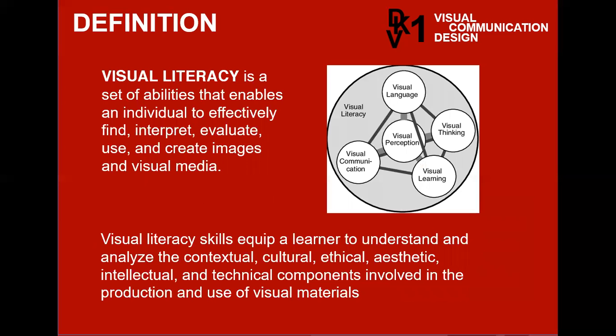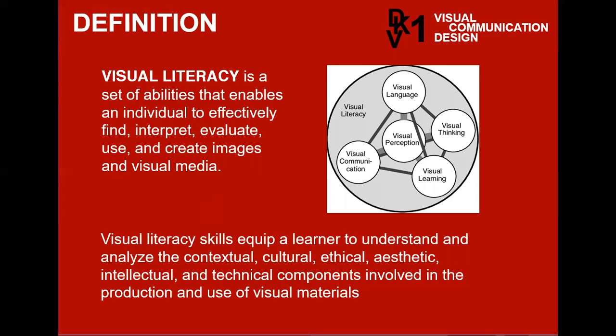So, visual literacy. This literacy sounds hard, but it's okay. It's easy. It's a set of abilities that enables an individual to effectively find, interpret, evaluate, use, and create images and visual media.